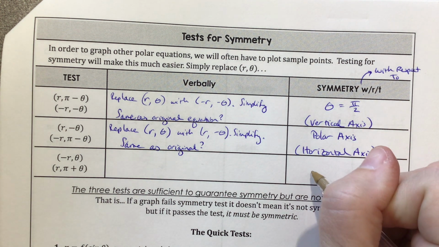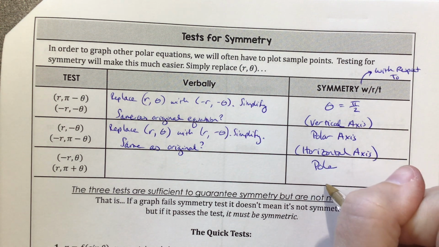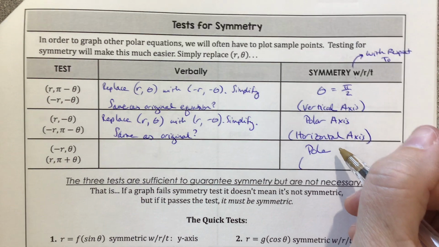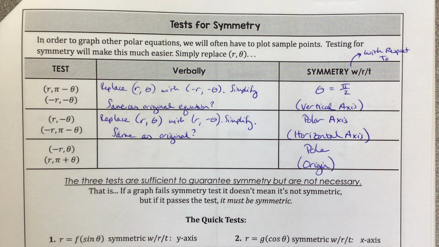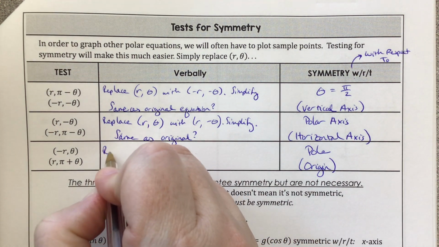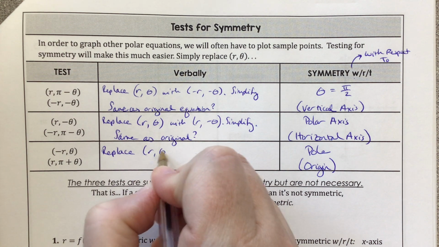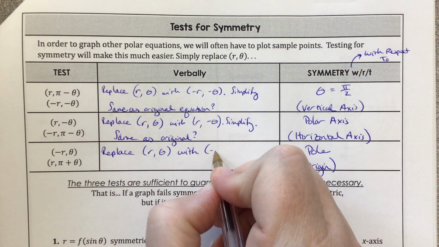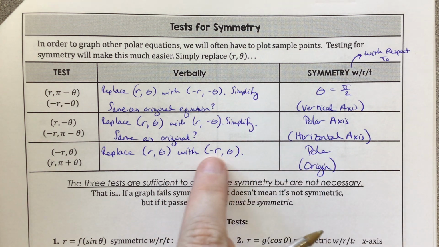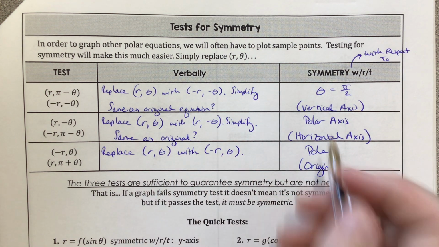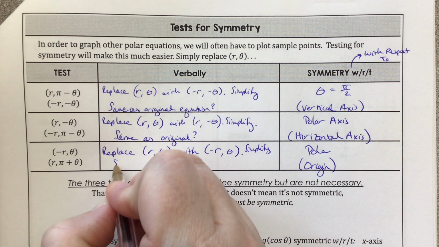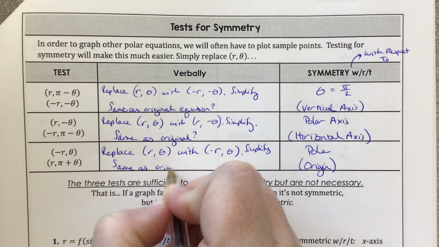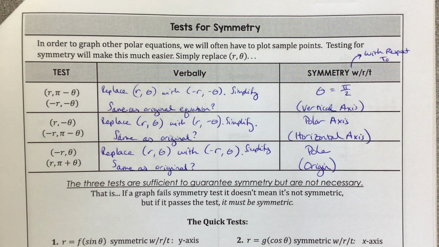Our third test is for pole symmetry. Remember, the pole is another name for the origin. The pole is the name for the origin in a polar graphing system. So this is just like having origin symmetry on a rectangular plane. Our test is to replace r comma theta in our equation with negative r comma theta. So change r to a negative r, but keep theta in the equation the same, and simplify. If this is the same as the original, then our equation shows pole symmetry or origin symmetry.